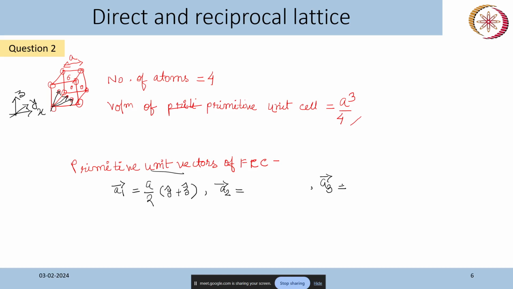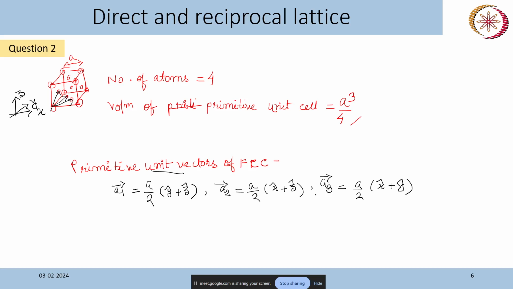Can you give me the answer here? What will be A2 and A3? It will be A by 2 (x cap plus z cap), and A by 2 (x cap plus y cap).